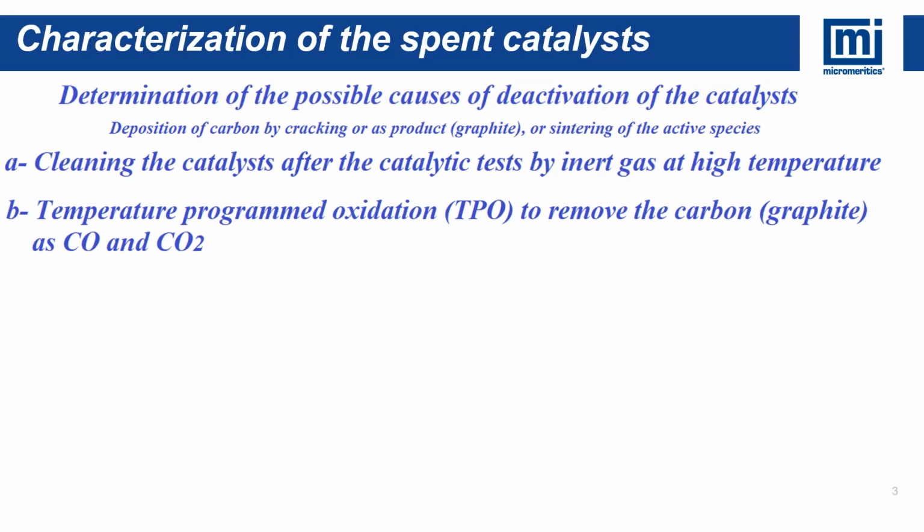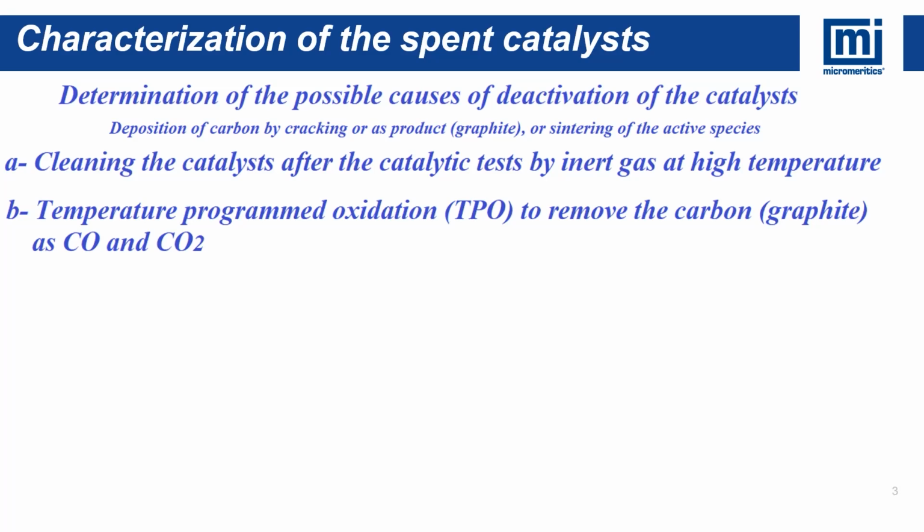So we proceed with the technique called temperature programmed oxidation. In this case, we flow 5% oxygen in helium over the catalyst, and we start heating up the temperature to 500-600 degrees C until we see the formation of CO or CO2 if we have carbon on the catalyst. So if we see consumption of oxygen, it is because we have carbon, and we could conclude that the carbon or graphite being deposited there is one of the causes of the deactivation of the catalyst.